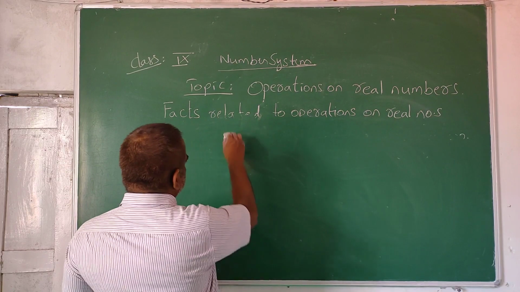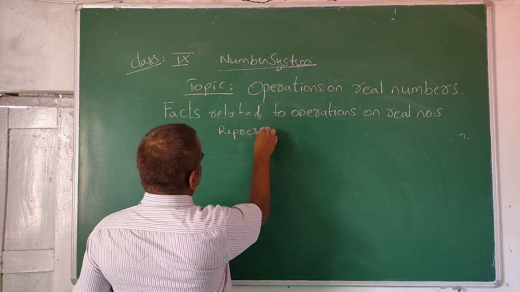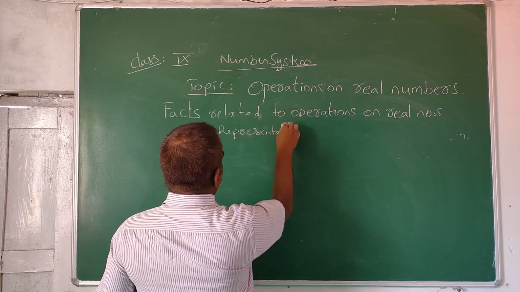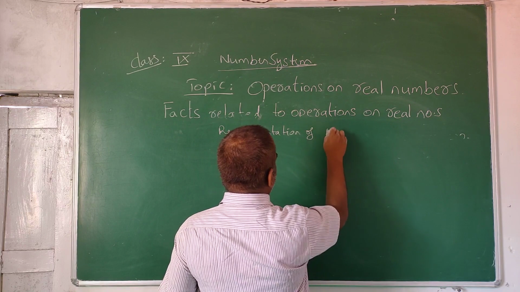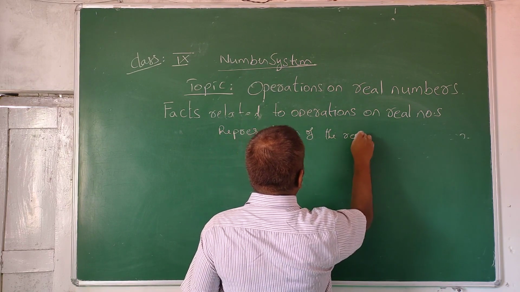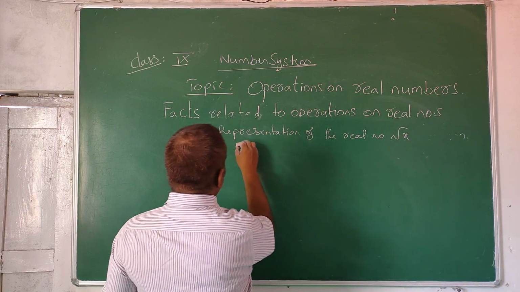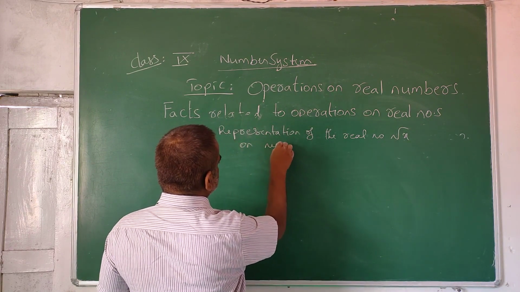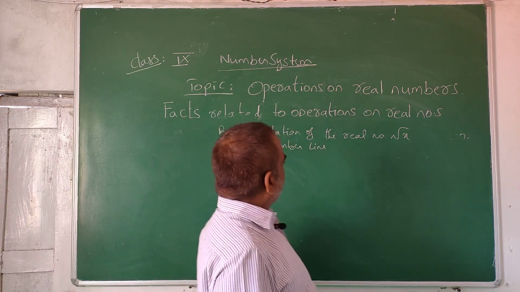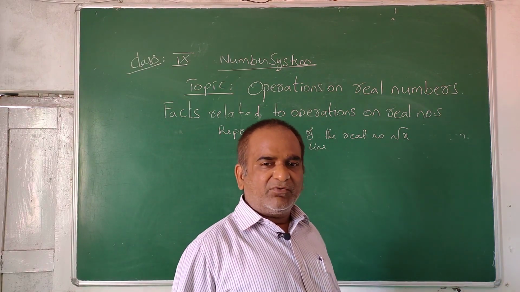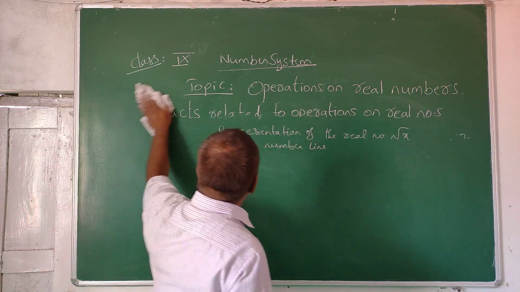Now, representation of the real number root x on the number line. So how to represent the real number root x on the number line? That is our present discussion point.